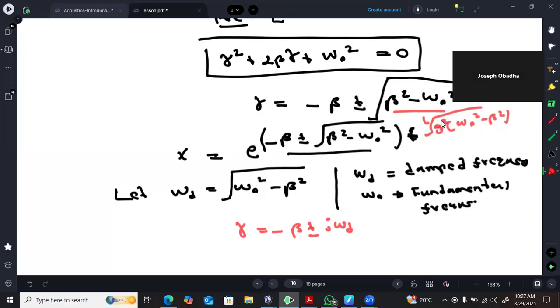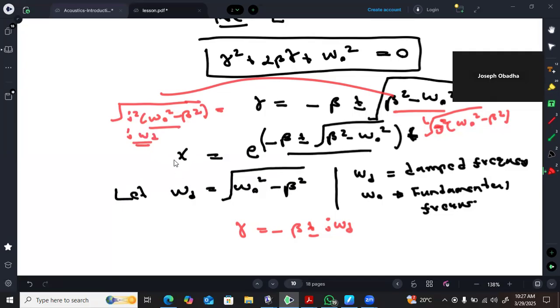So that now j squared, because if you look at this, we can write it as j squared into omega naught squared minus beta squared, so that the root of this gives us j into omega d. That's how we get this j.